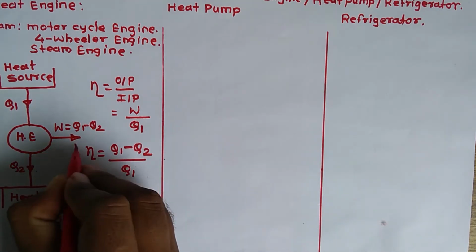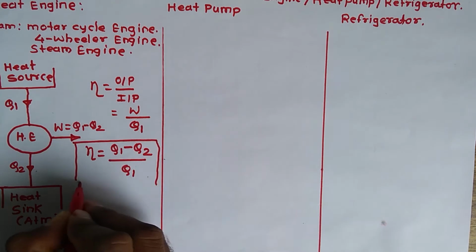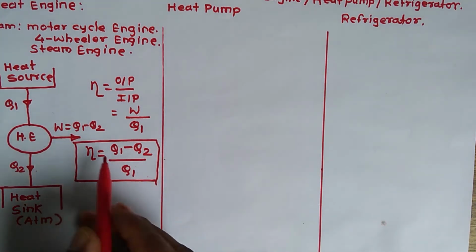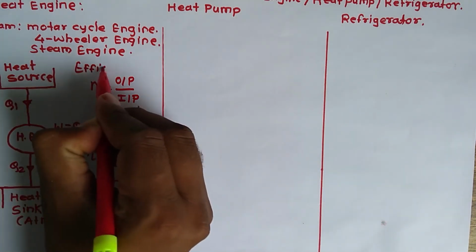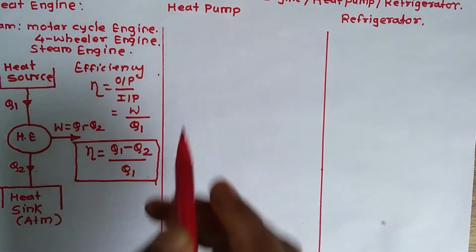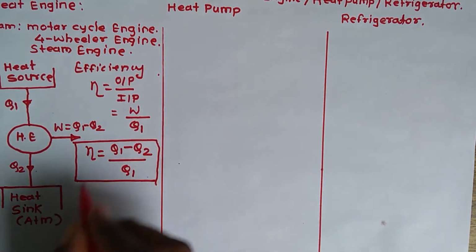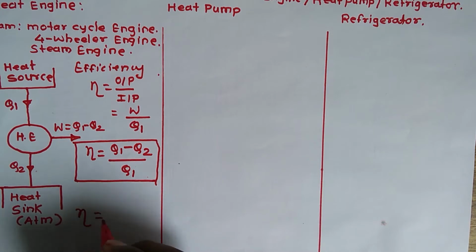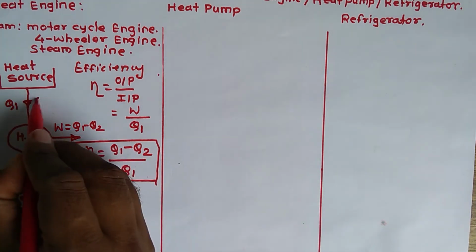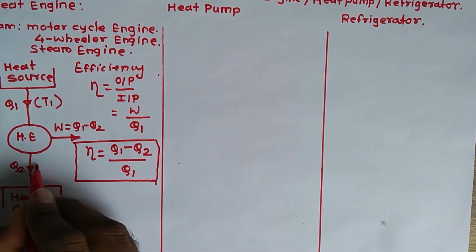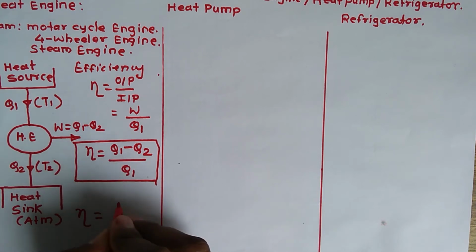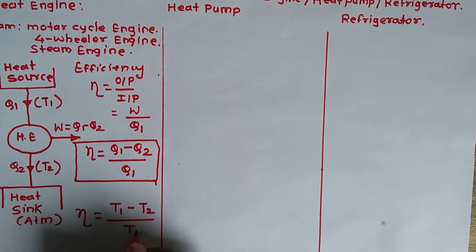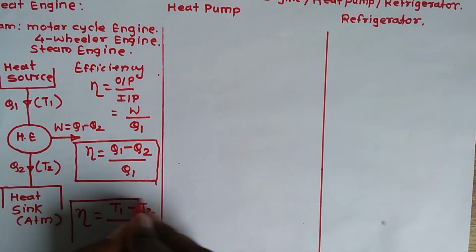This is the formula of efficiency of a heat engine, a power producing device, in terms of heat. Now we can convert that formula in terms of temperature also. Q1 can be replaced by T1 and Q2 by T2, so efficiency is T1 minus T2 divided by T1. This is the formula of efficiency of a heat engine.